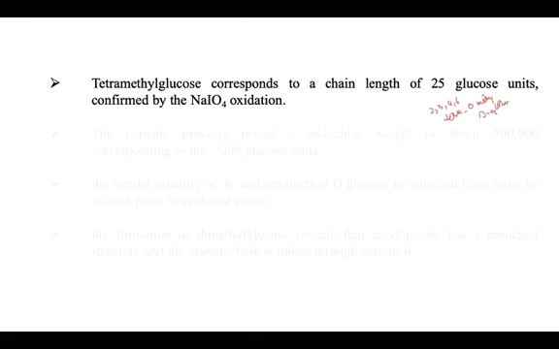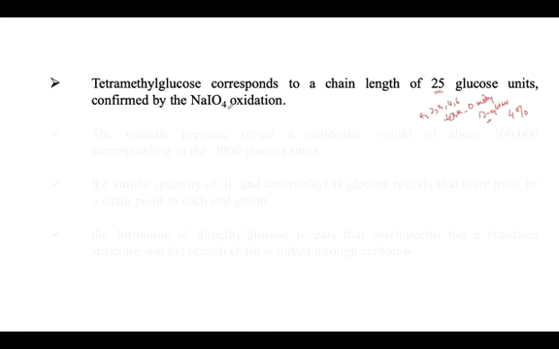That is from the non-reducing end side, and the first molecule present on the non-reducing end gives 2,3,4,6-tetramethyl D-glucose, which is around 4%. That indicates that around 25 glucose units are present in the amylopectin chain.